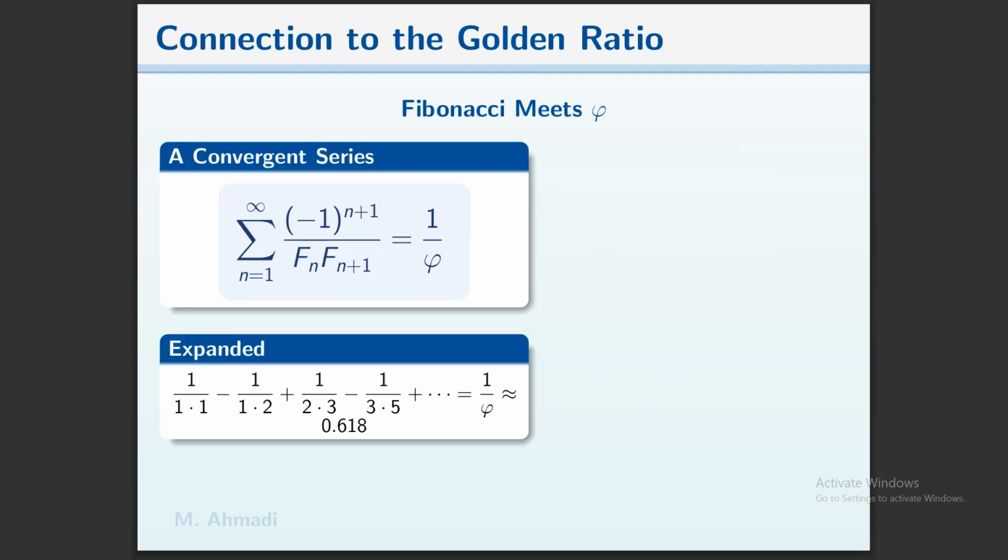Also, the summation for n from 1 to infinity of (-1)^(n+1) over F_n multiplied by F_(n+1) equals 1 over phi. In expanded form, we have 1 over 1 multiplied by 1, minus 1 over 1 multiplied by 2, plus 1 over 2 multiplied by 3, minus 1 over 3 multiplied by 5, and so on, equals 1 over phi, approximately 0.618.